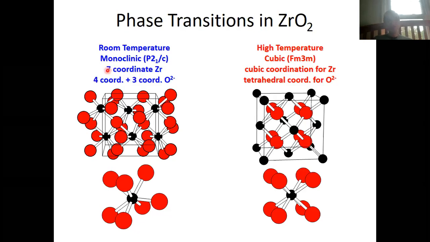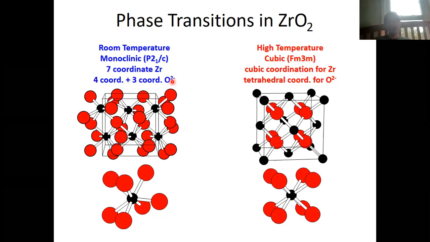In this case, we have 7 coordinated zirconium, and the O2- ions are 4 plus 3 coordinated. Sorry, this is actually not correct. So some of them are 4 coordinated and some of them are 3 coordinated. Okay, so this gives an average coordination of 3.5.